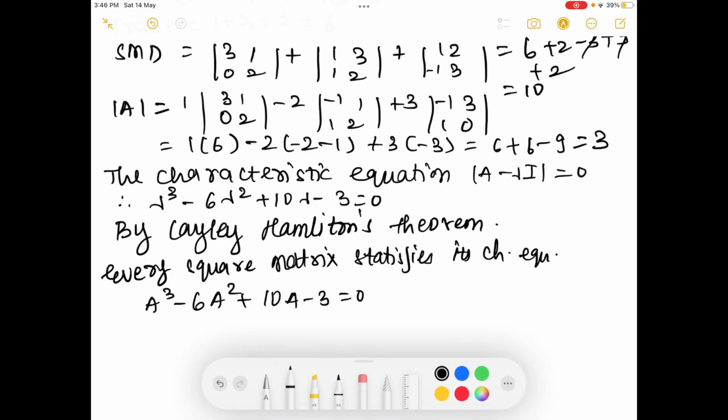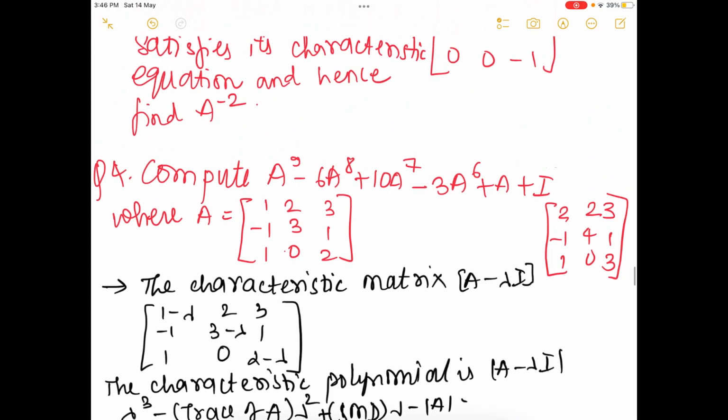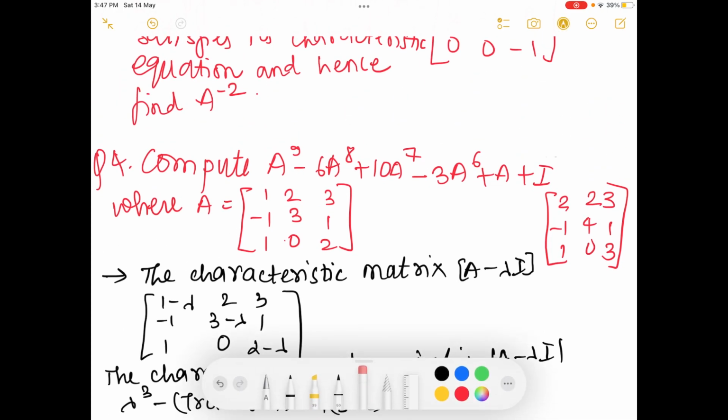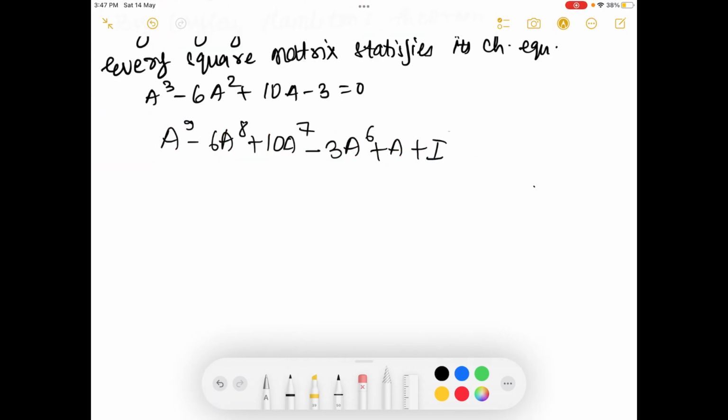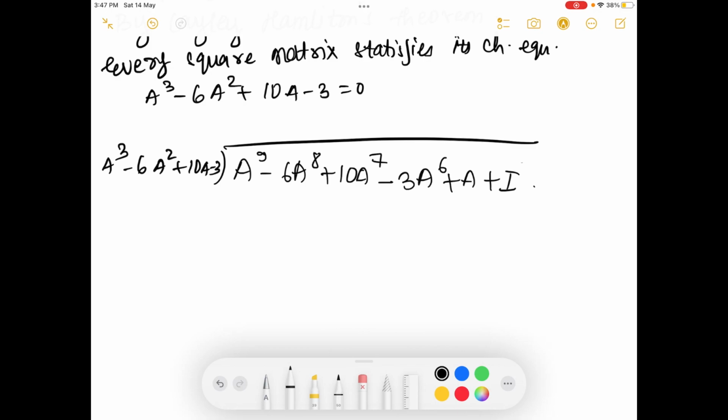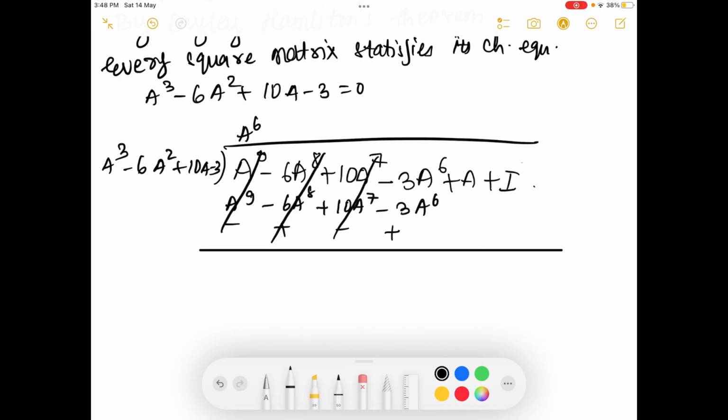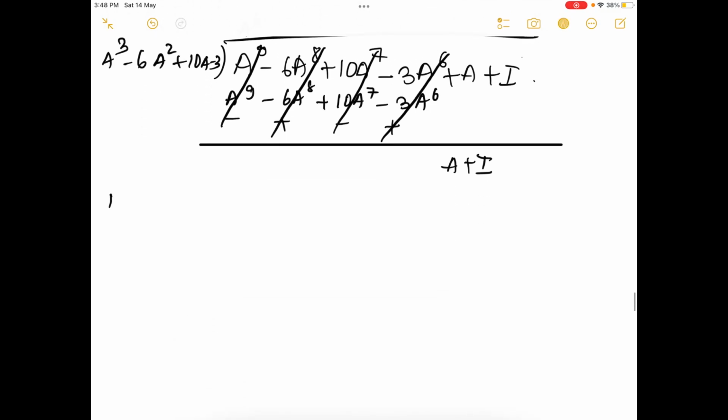Now here the question is we have to compute this expression. So let me just copy paste this expression here. I don't know what went wrong with the audio, but basically I am dividing this expression by the square matrix equation that we have gotten, and everything gets cancelled out and we get the following quotient. So now we know that dividend equals divisor into quotient plus remainder.